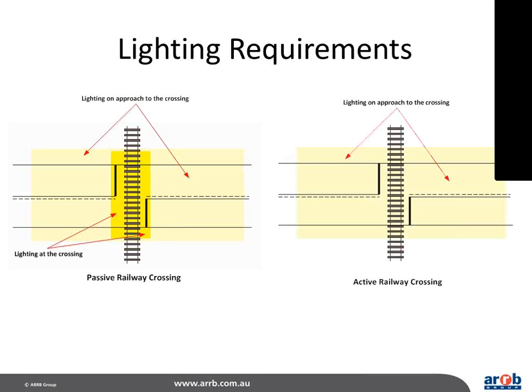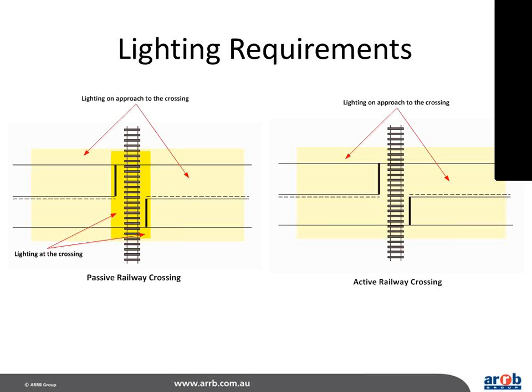At the active crossing, you will tackle it in a slightly different way, because at active crossings you will have active measures at the crossing. When a train is approaching the crossing, these active measures are activated. Boom gates come down, flashing lights start flashing, you might have alarm bells. These help to let an approaching driver know that there's a crossing ahead and a train is arriving at the crossing.